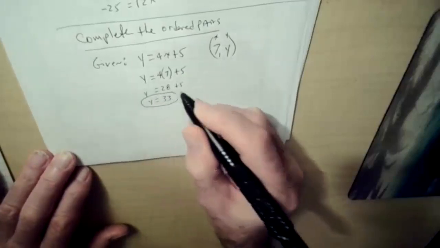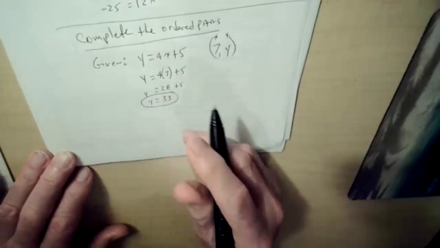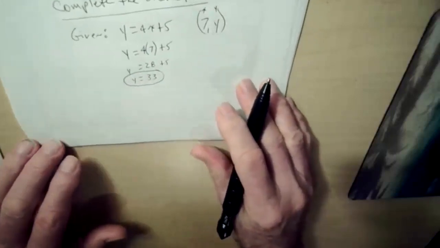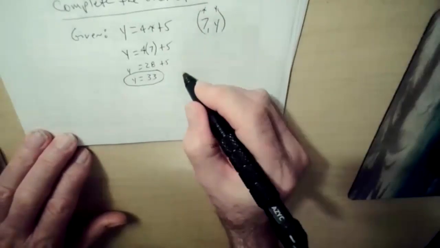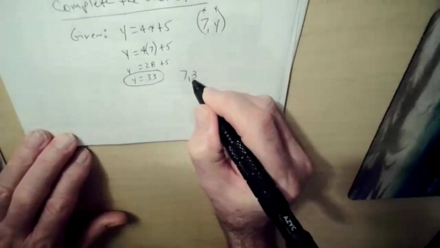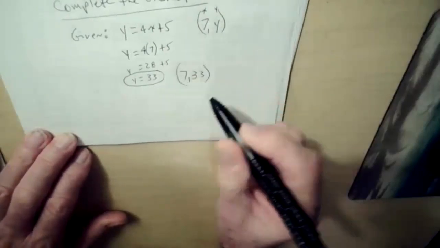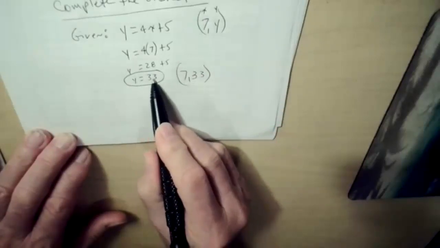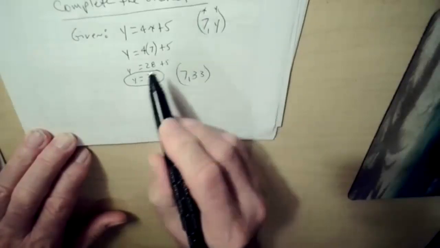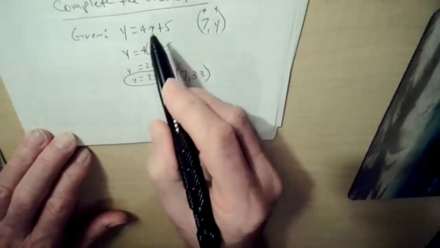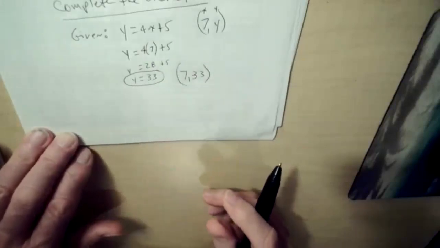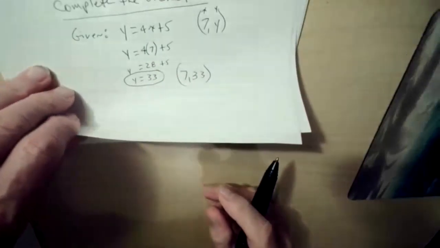So y is 33. Is this our answer? No. Our answer has to be in this form here: (7, 33). So y is 33. We know that x is 7, y is 33 after we do the algebra.